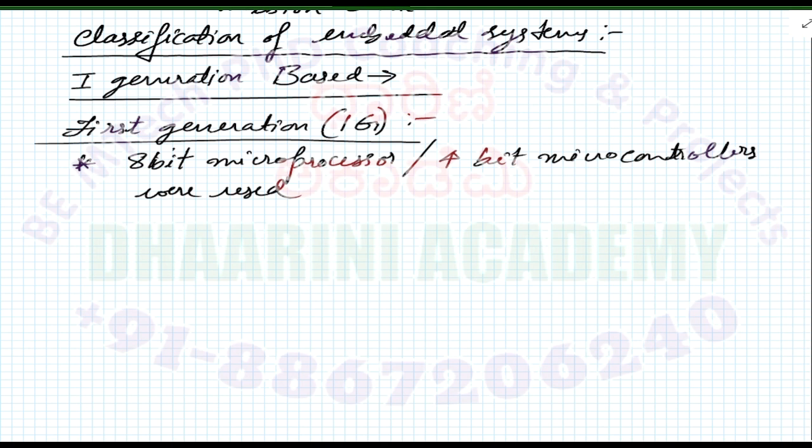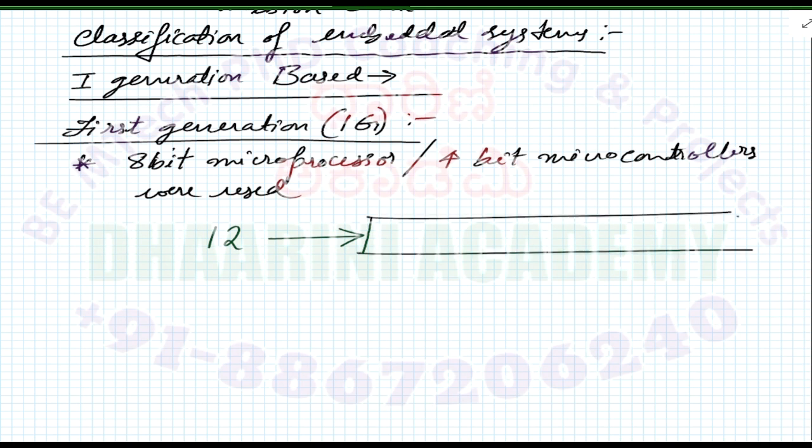What do you mean by this 8-bit, or this 4-bit? That is actually the data size it can handle. So if you give an input data, say 12, this 12 will be converted into an 8-bit data format. We know that all the computers are familiar with zeros and ones.